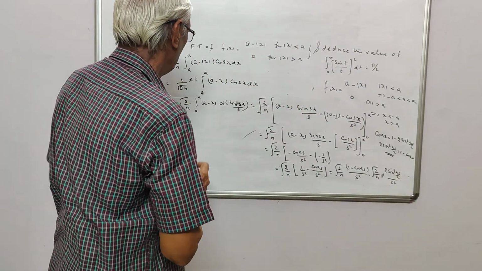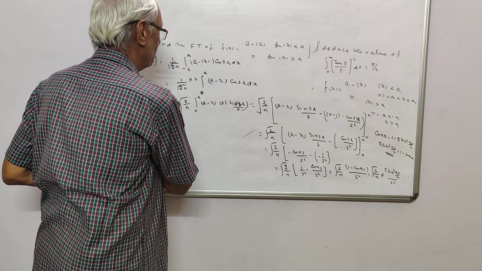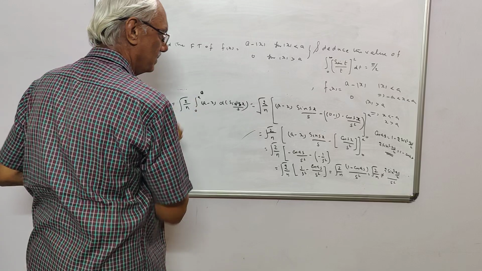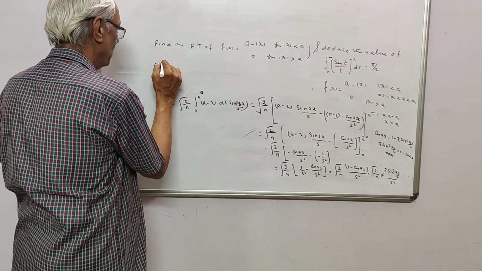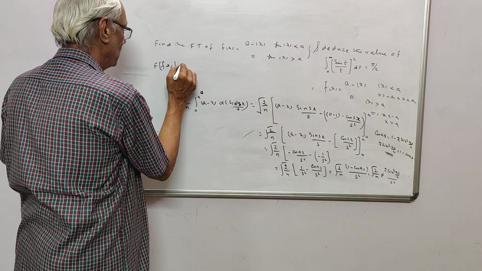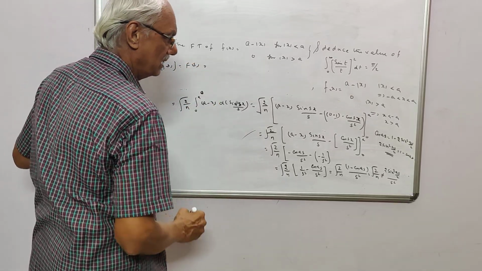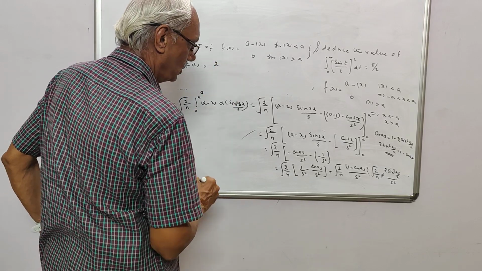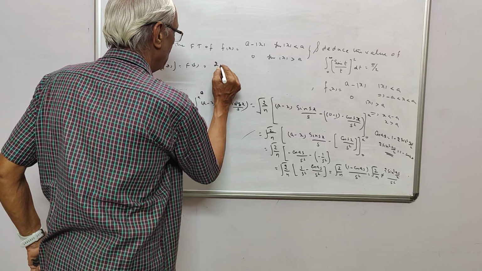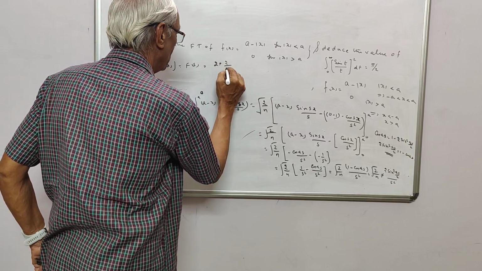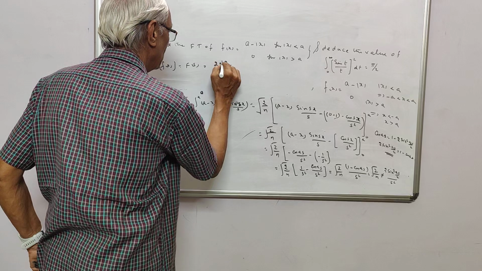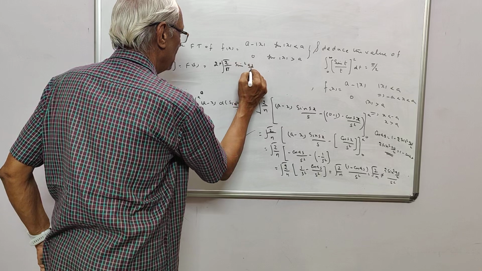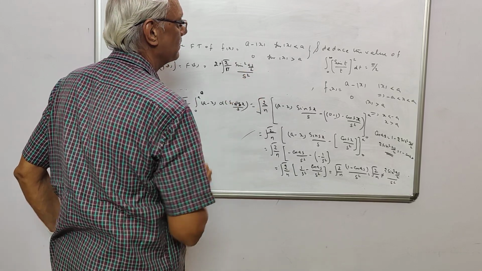So what is the answer that you get for this? Your f of s is equal to 2 by pi square root into 2 sine squared as by 2 divided by s squared.